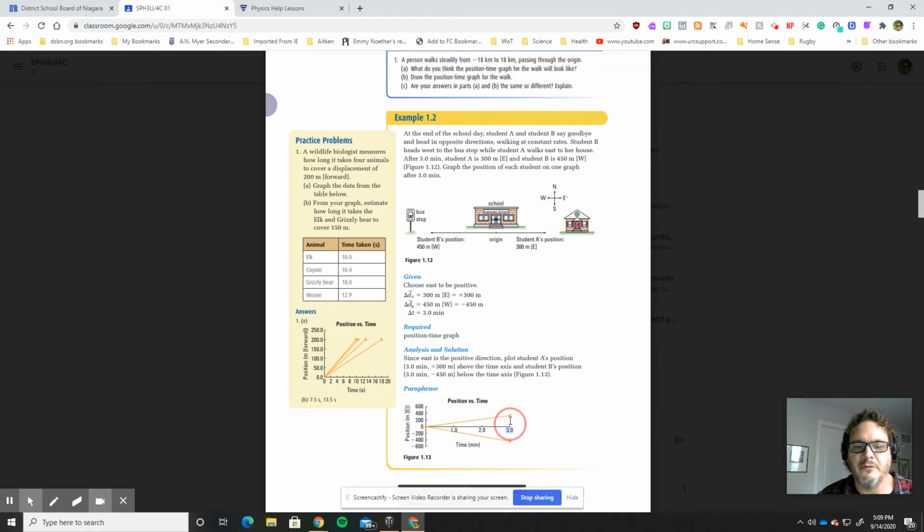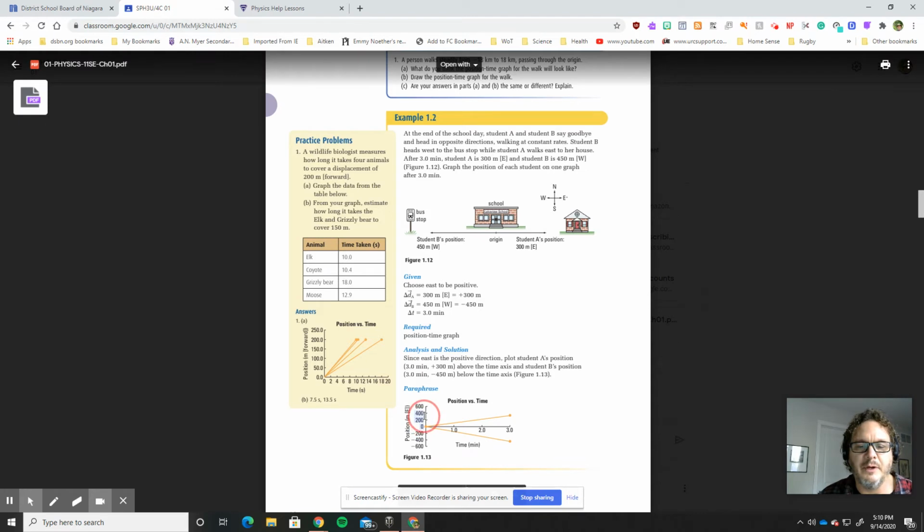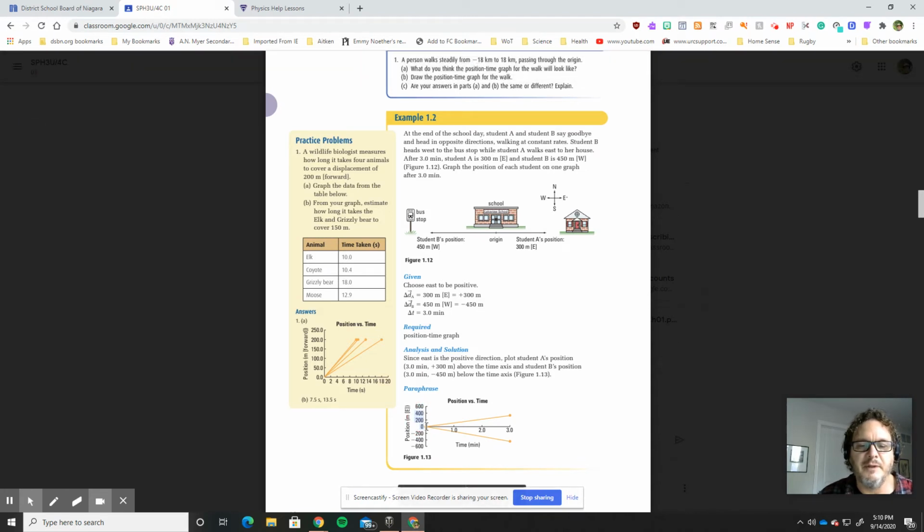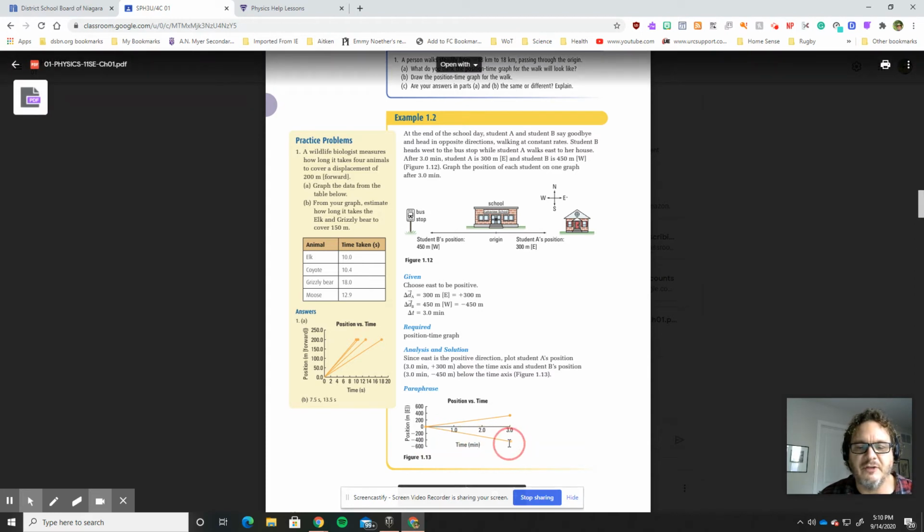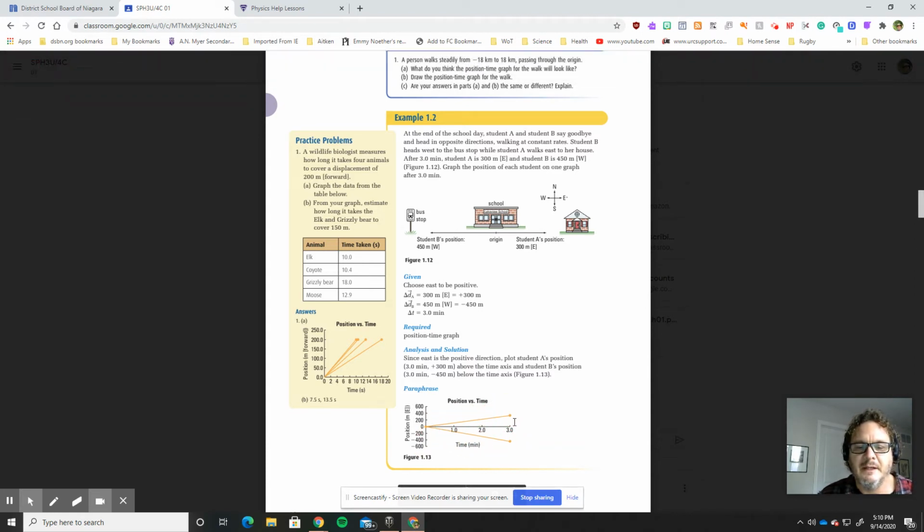There's the time, so you can see they got to their homes at the same time. But student A went from 0 to 300, and student B went from 0 to minus 450. So this line is slightly steeper than that line. It's just unfortunate that the scale of this graph doesn't make the steepness of that slope a little more evident.